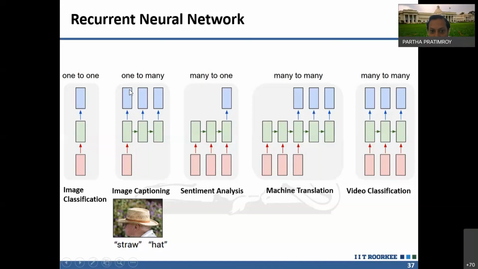After this Y1 we get some label, some one word, and this word is actually influenced by these features again, and we get another word. That is called one to many. From this one image we can find multiple words which describe this image, and this application is called image captioning.